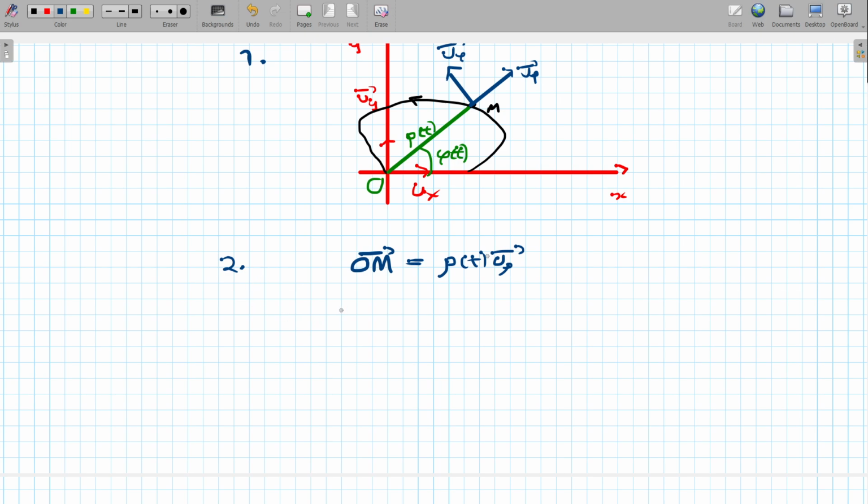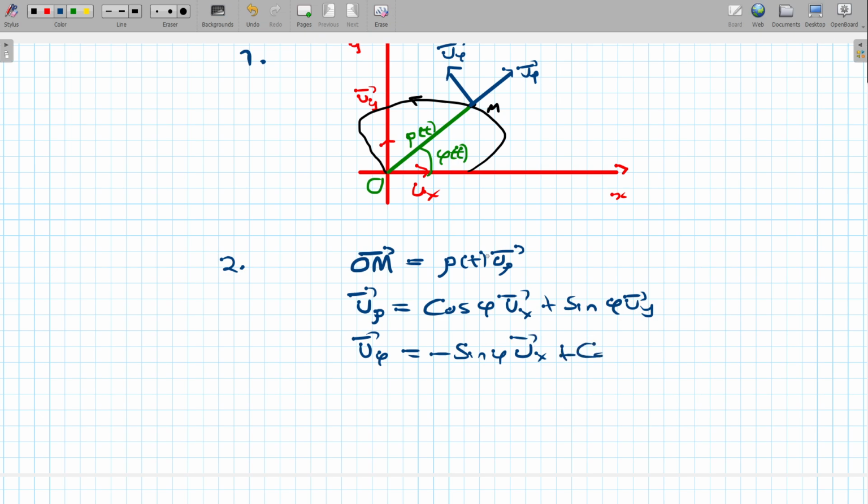Now let me remind you what we talked about yesterday. We said u rho is given by cosine phi ux plus sine phi uy. Then u phi is equal to minus sine phi ux plus cosine phi uy. So this is what we have for these two vectors.